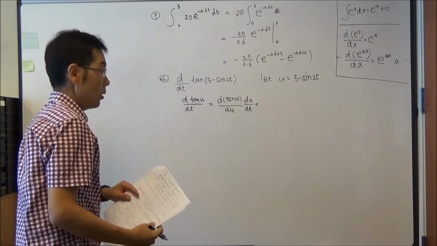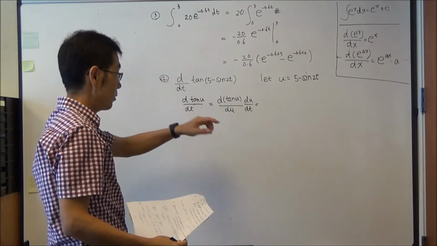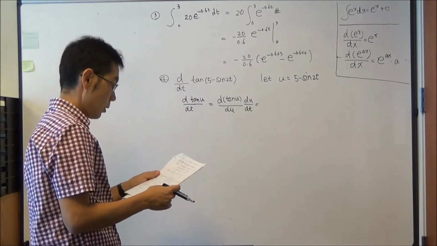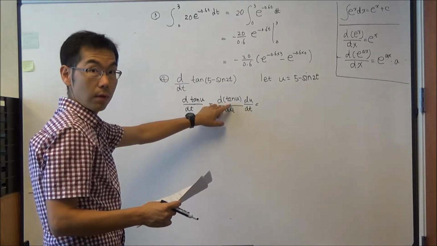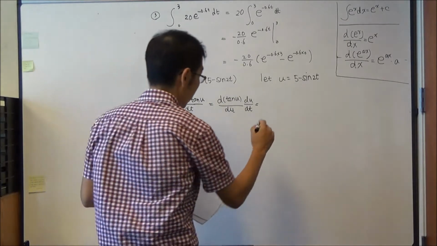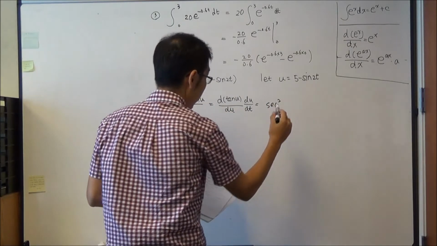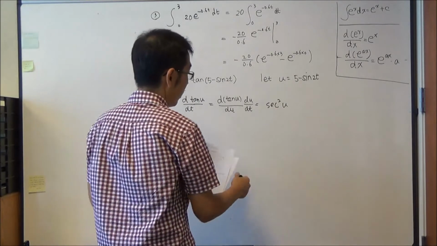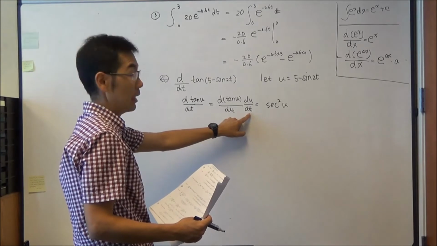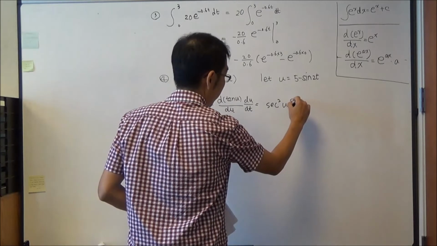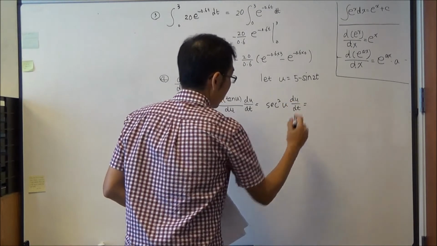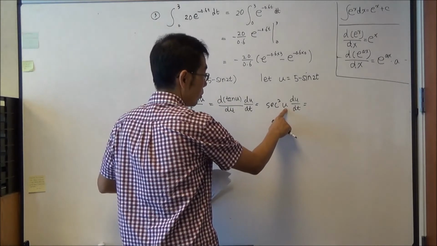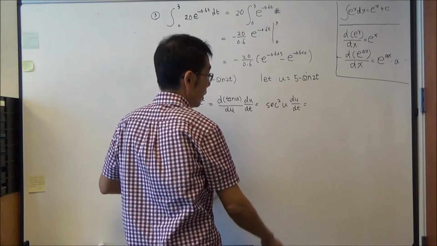So what is the derivative of tangent u over du? It's kind of simple. If you take the derivative of the tangent function, you get the sec function squared. So this is sec squared u, and then we still need to take care of du over dt.